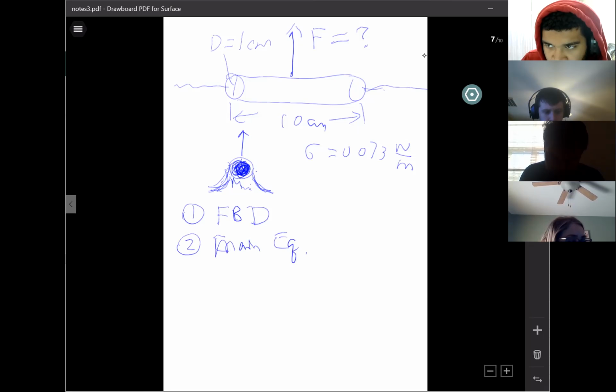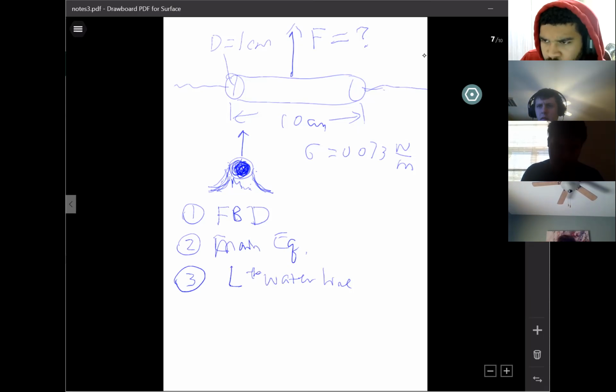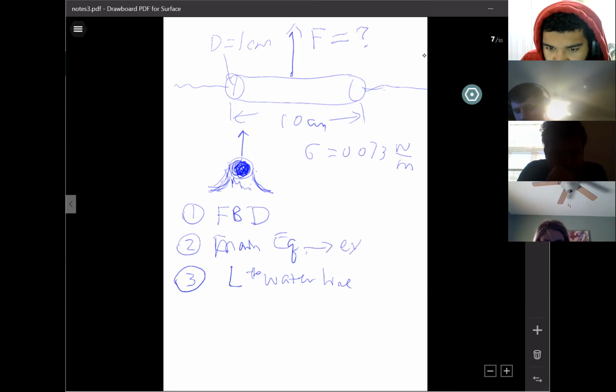The third thing, I want the length of the water line. I want you to separately calculate the water line. There will be points associated with it. The main equation, then the expansion. Then calculate the water line for me.